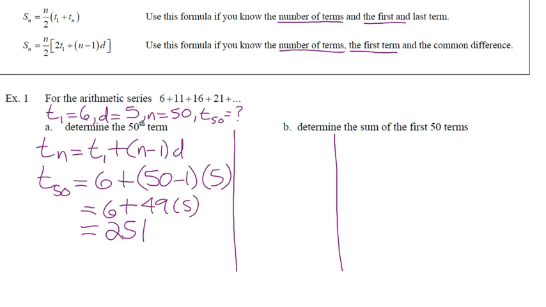All right, so S sub n is n over 2, t1 plus tn. S50 is 50 over 2, the first term t1 is 6, t50 is 251.